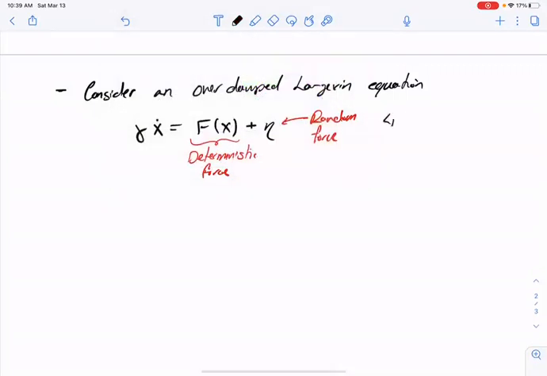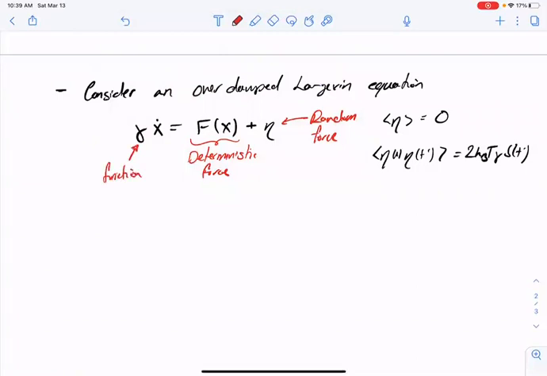And that random force has to satisfy a Gaussian process with a mean 0 and a variance which imposes the temperature. So as usual, this gamma is the friction. And that random force has a scale that depends on that friction with a prefactor k_B T.